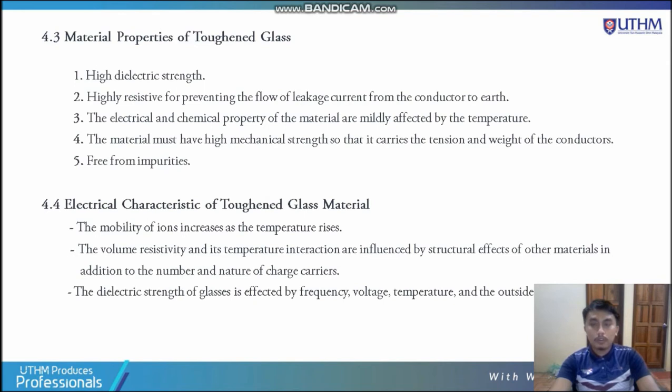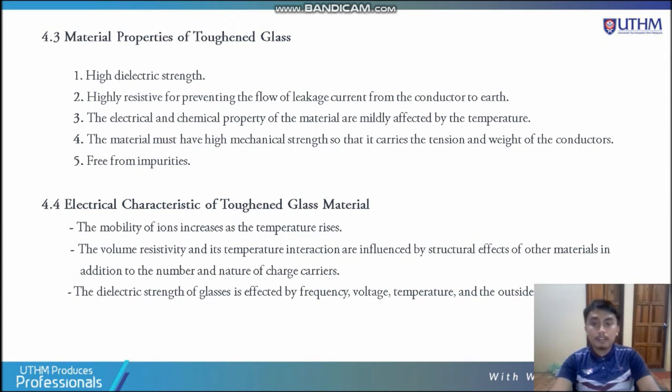Next we go to 4.3, material properties of toughened glass. It have a 5 point. First is high dielectric strength, and second is highly resistive to prevent the flow of leakage current from the conductor to earth.